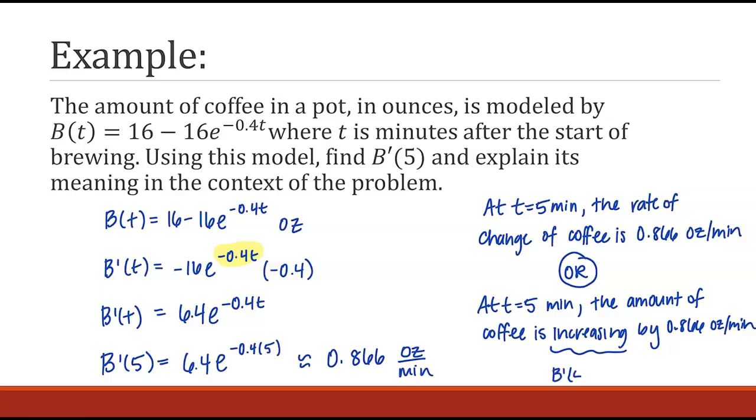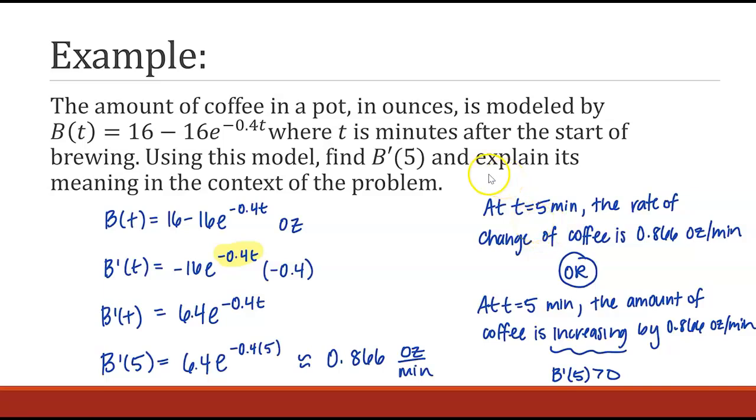because b prime of 5 was greater than 0. So that slope of the tangent line would be positive, right? So we would know that the amount itself would be increasing. So there are different ways.